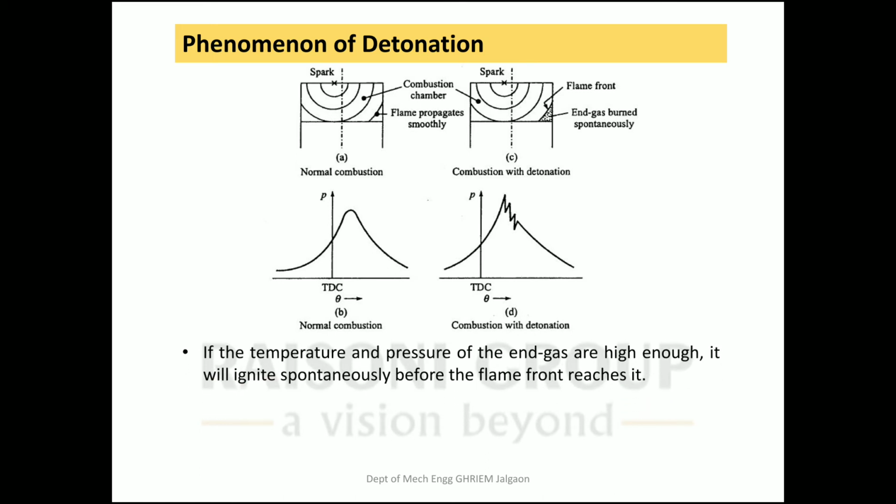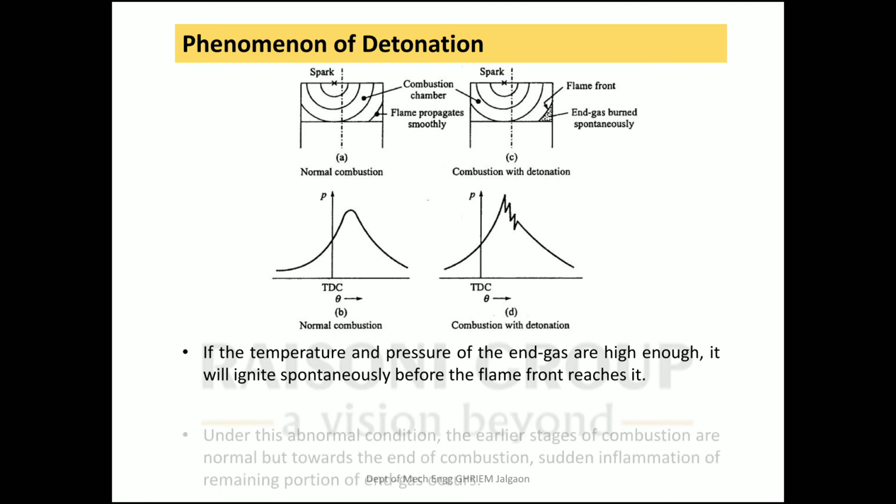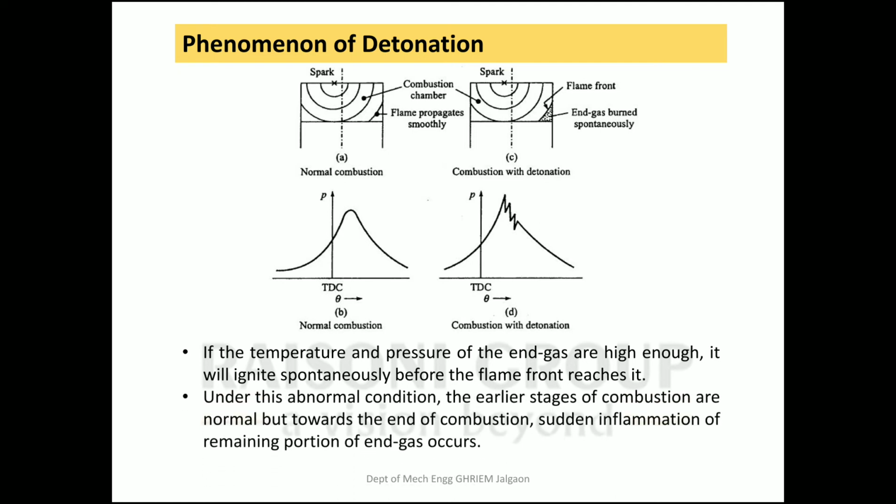Now, if the temperature and pressure of the end gas are high enough, it will ignite spontaneously before the flame front reaches it. Under abnormal conditions, the earlier stages of the combustion are normal, but towards the end of the combustion, namely about the last 25% of the flame travel distance, a sudden inflammation of the remaining portion of the end gas occurs.